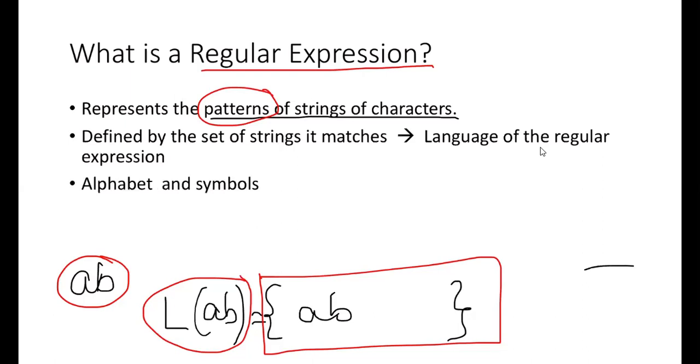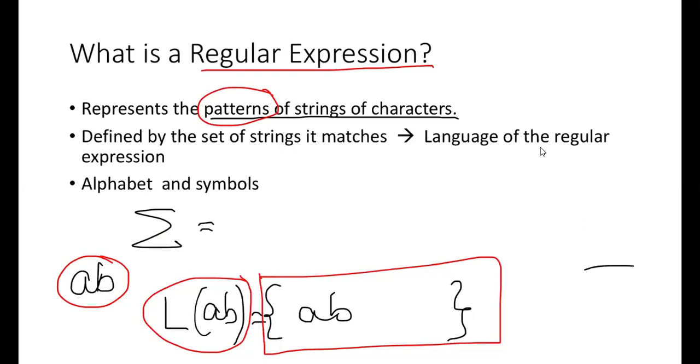A language will consist of something known as the alphabet. We have already discussed this before, and it is denoted by the summation symbol, capital sigma. This alphabet consists of certain symbols.